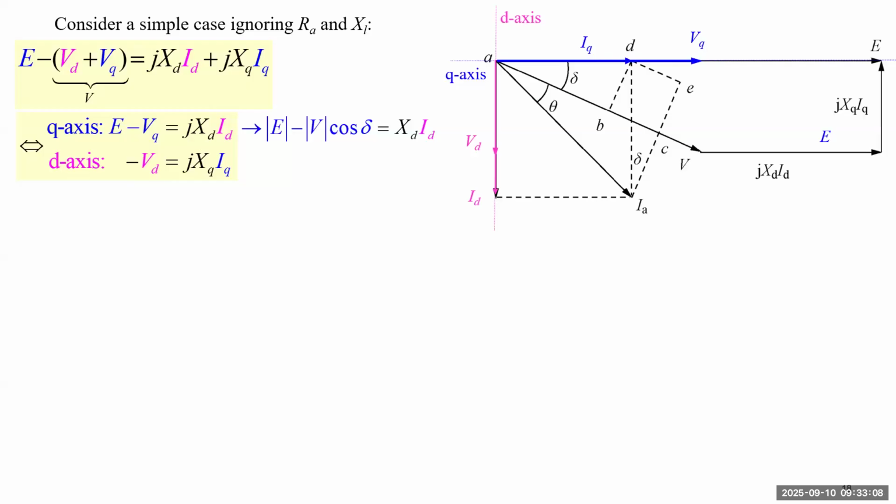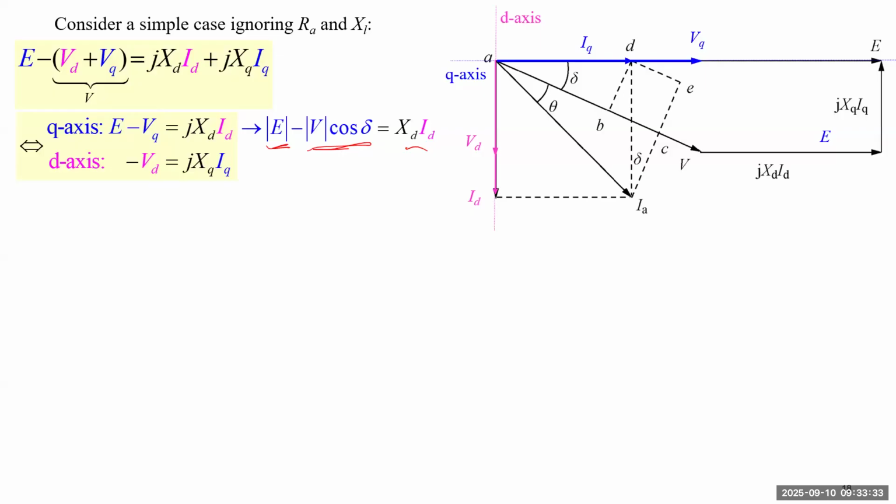Okay. Next, we can get the magnitude of each side of the equation. From the first equation in the Q axis, we have the RMS value E, minus the magnitude of the Q component of V. On the right-hand side, we just get rid of the imaginary unit.